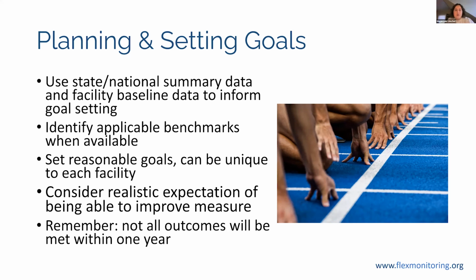So when you're setting those goals, think through your short-term, intermediate, and long-term outcomes, and how long it might take your hospitals to achieve them. It's a lot of thinking through, but it's really about using the resources available to you to plan for those things from the beginning.